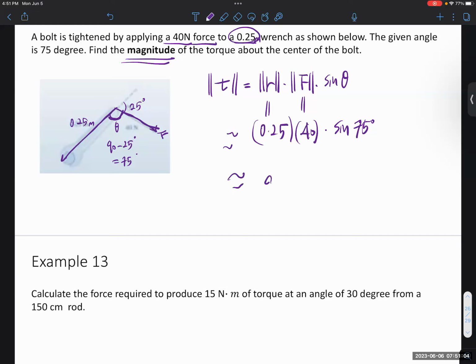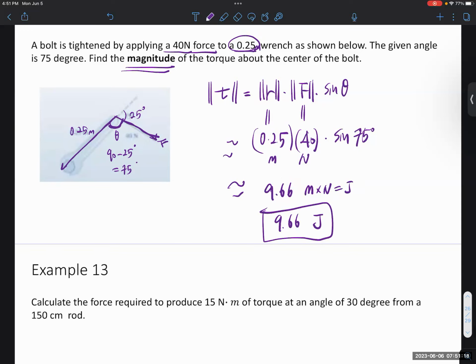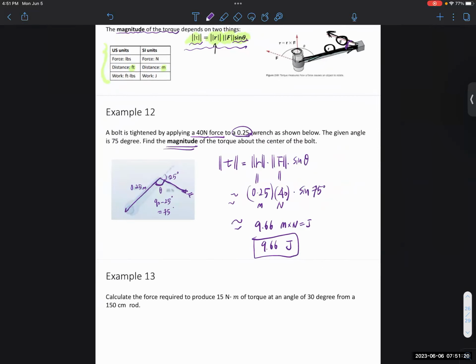It's about 9.66. And then the unit: this is the meter, this is the Newton. So meter times Newton is going to be joule. Therefore 9.66 joule, that's the answer for the torque. Okay, the work: Newton times a meter, that's a joule. If you know that formula, it's pretty simple, and it's similar to the other applicational problem. So, one more example.